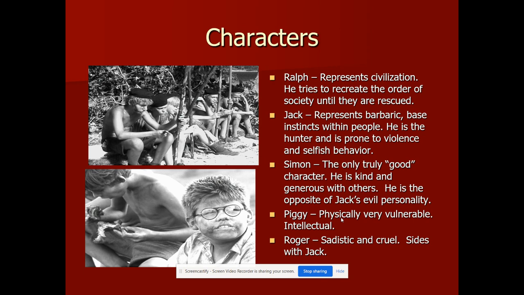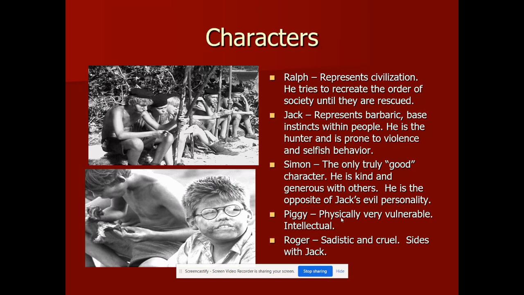He has a tendency to appreciate nature in ways that other characters can't. Some of the boys, their first instinct would be to just destroy the island. Others, just like Simon, see the beauty of it, and his inclination is not to destroy.